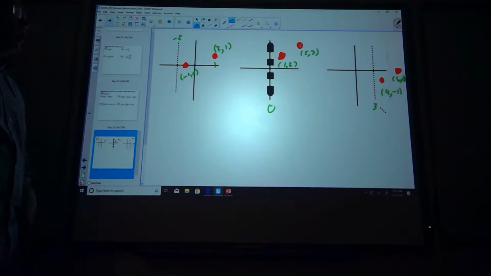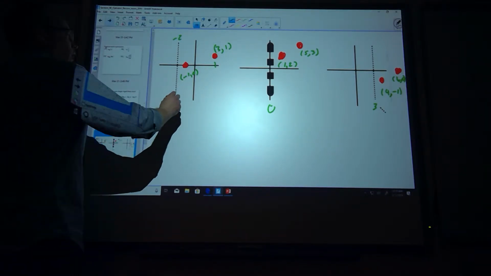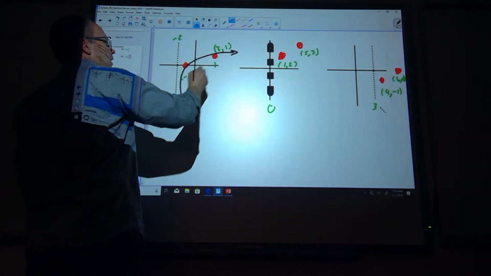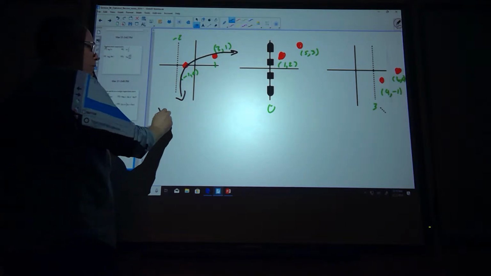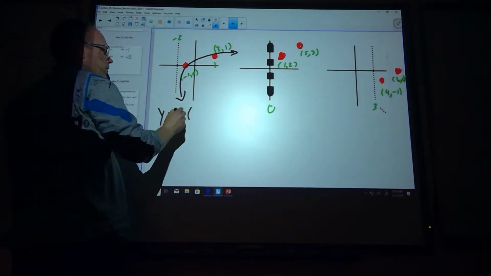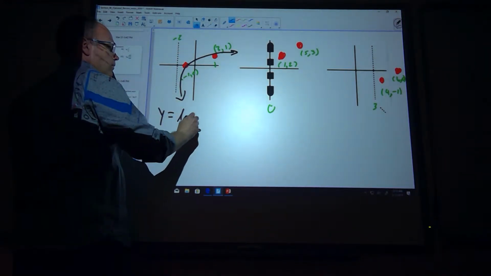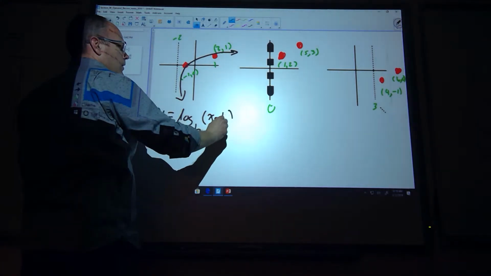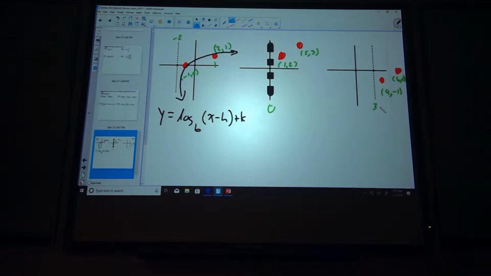All right. So let's take a look at this. This would have been a graph that looked like this. So let's find the equation. Watch how easy this is, and you'll see how bad your teacher messed up yesterday, and I apologize.